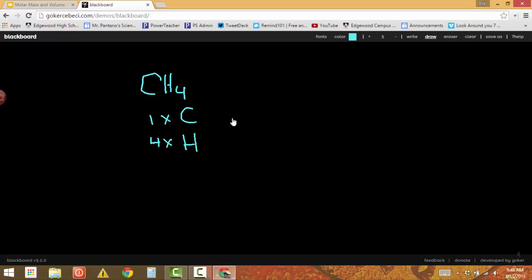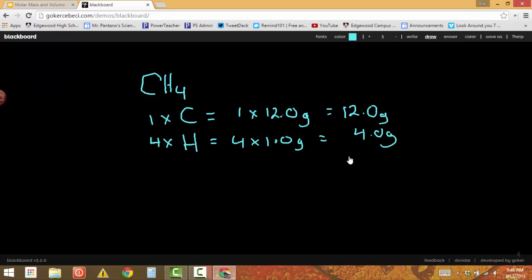Now I'm going to go to the periodic table and find that the mass of carbon is 12.0 grams. So 1 times 12.0 grams is 12.0 grams. Easy enough, right? And I look at the periodic table for hydrogen and it's 1.0 grams, but there's 4 of them, so 4 times 1.0 grams is 4.0 grams. Now I simply add them together and I get 16.0 grams per mole.